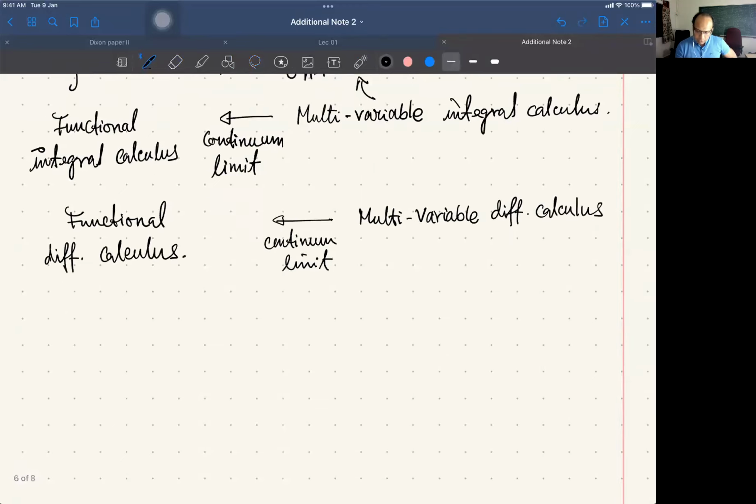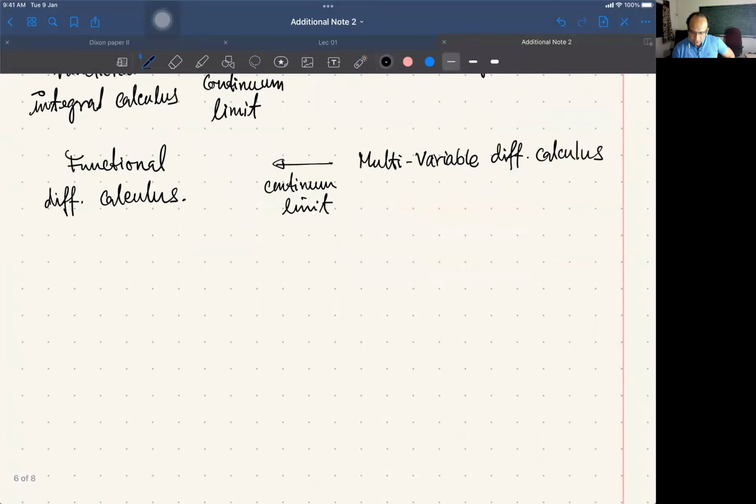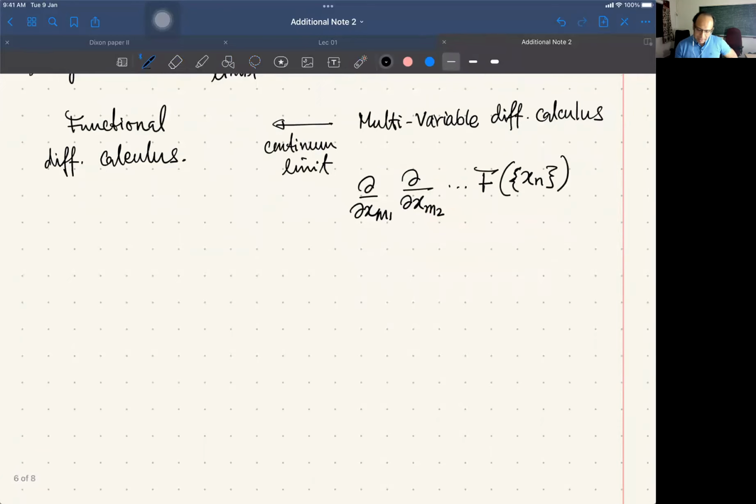Now this is something we know. It is straightforward for us. So what we do is that the general calculations on this side are basically derivative with respect to xm1, derivative with respect to xm2, and so on, acting on this function, and this can be calculated using a fundamental building block.